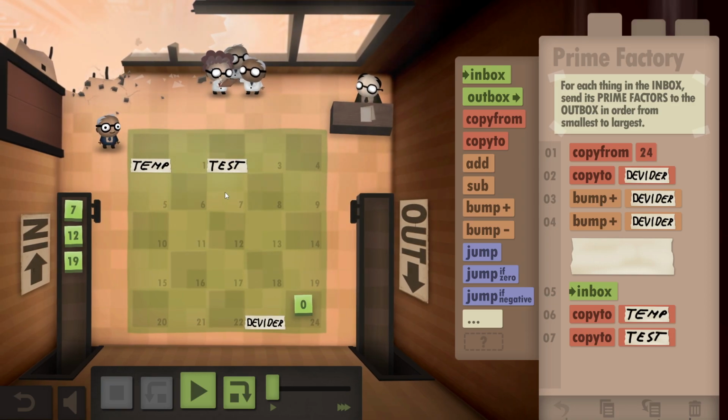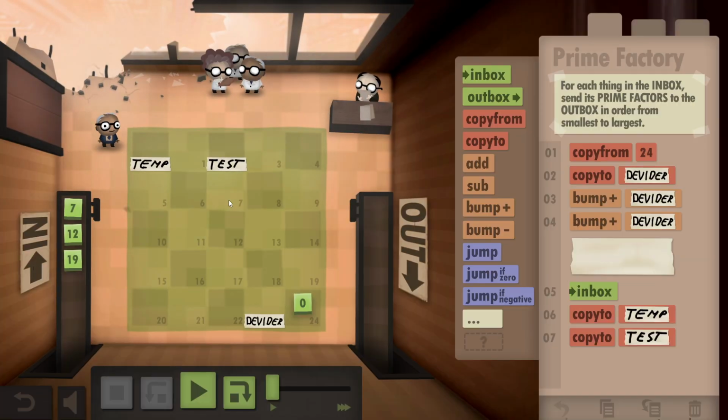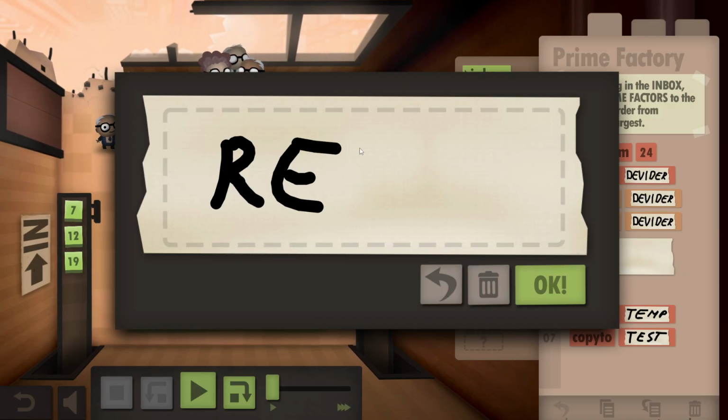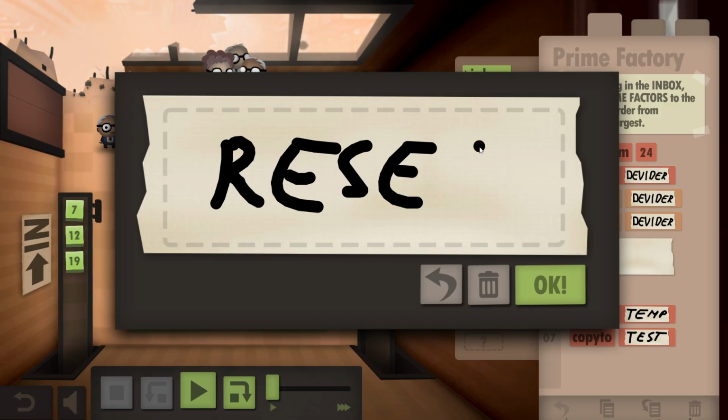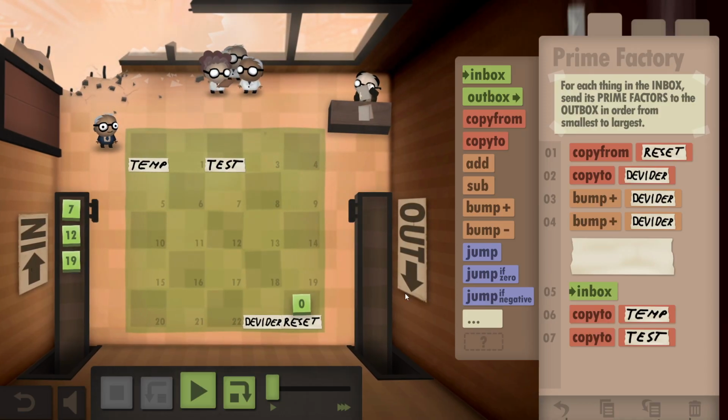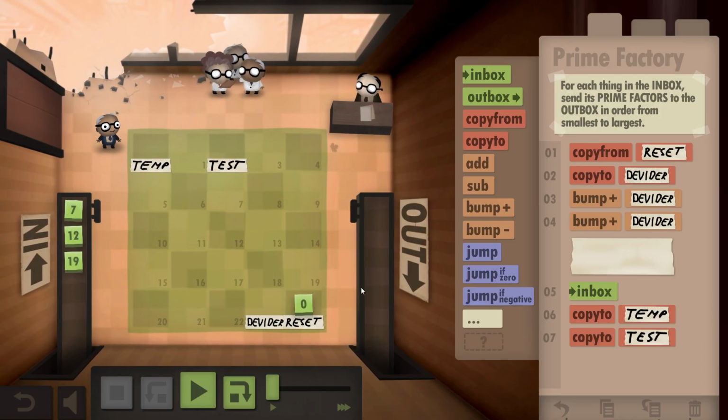Another place where we put a 0 in. We need to keep 0 as a reset. So this is gonna be reset. Actually, divider should be 3.